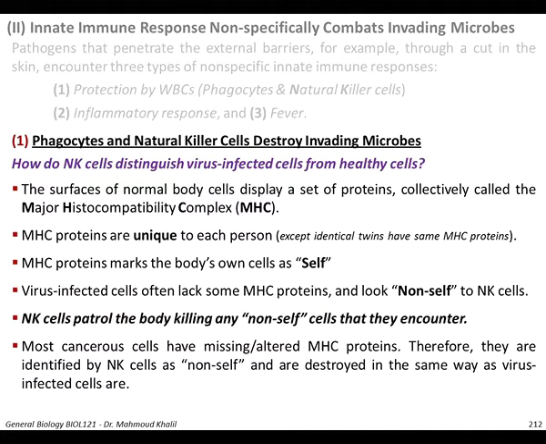So NK cells usually patrol the body, going around all over the body, and try to identify the cells that express different forms of MHC, and they recognize it as non-self, and they encounter and start killing these cells.